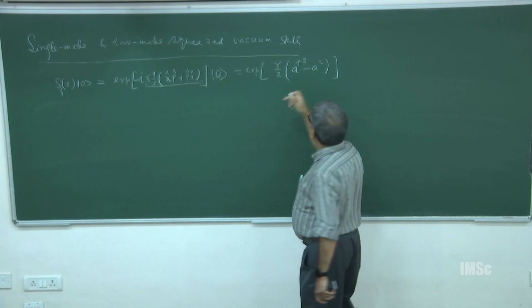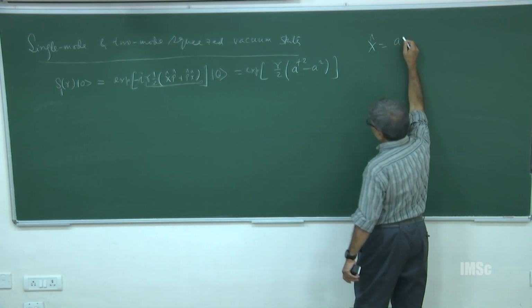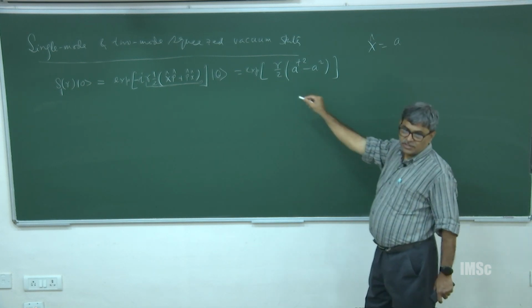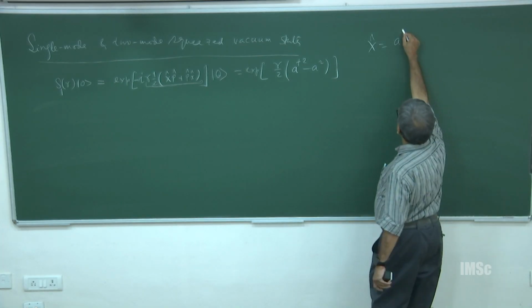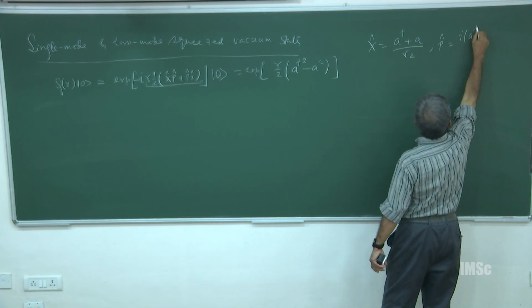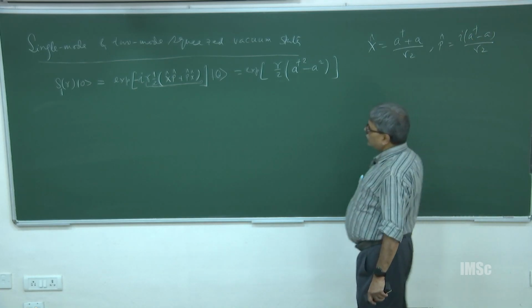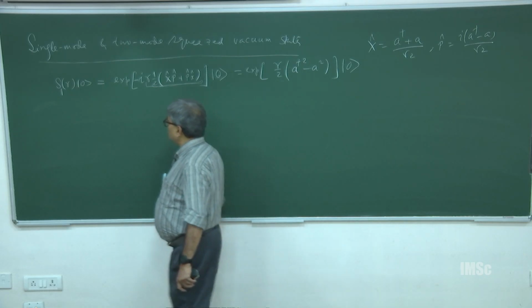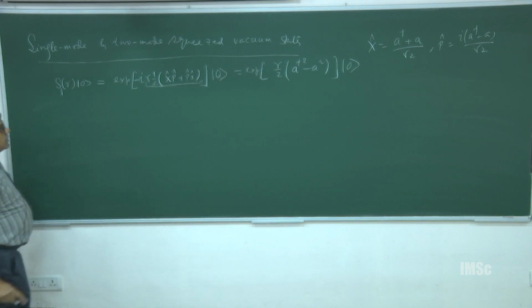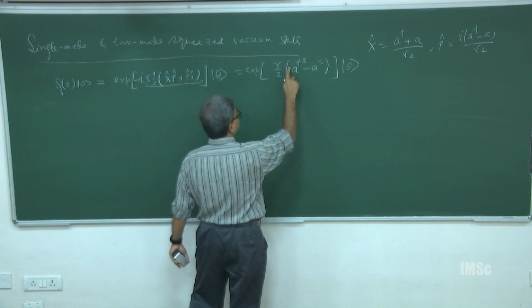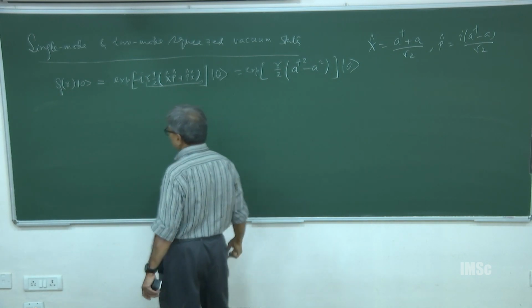If you expand x as a dagger plus a by root 2, and p is equal to iota a dagger minus a by root 2. That is single mode squeezing. As I said, this R can be complex, but for complex one I'll have to change it; here it should be R star, something like that.